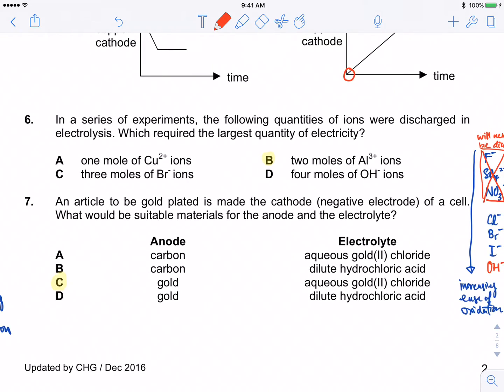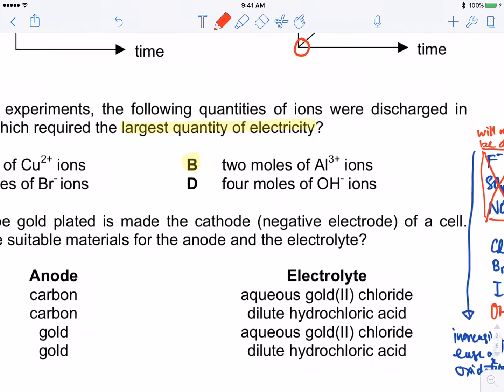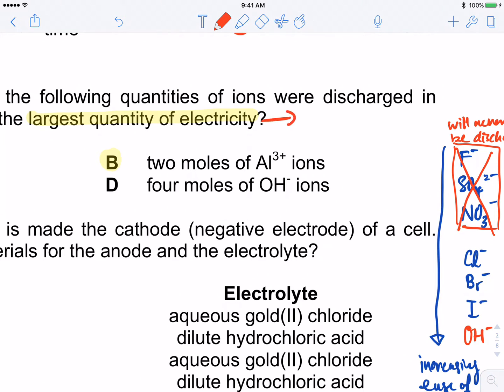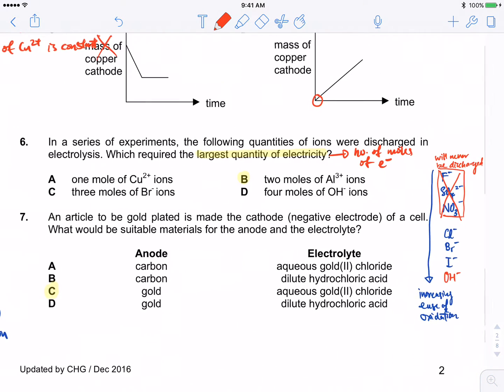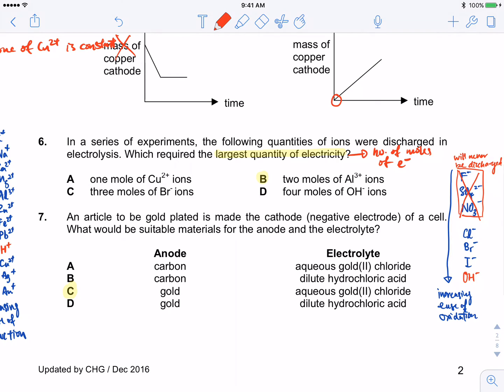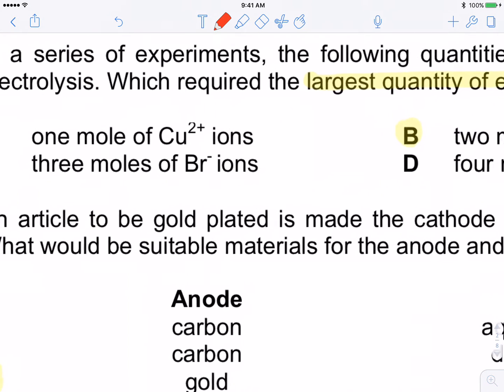Question 6. In a series of experiments, the following quantities of ions were discharged in electrolysis. Which requires the largest quantity of electricity? What kind of quantity do we measure electricity by? You can actually look at it as the number of moles of electrons. So write out the half equation for all these reactions, and then we can calculate the number of moles of electrons used.